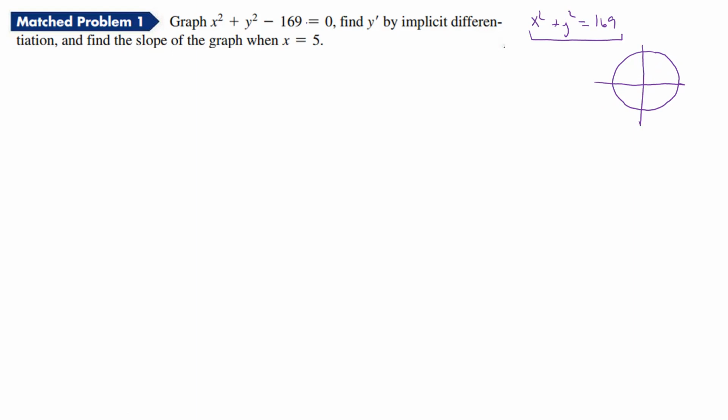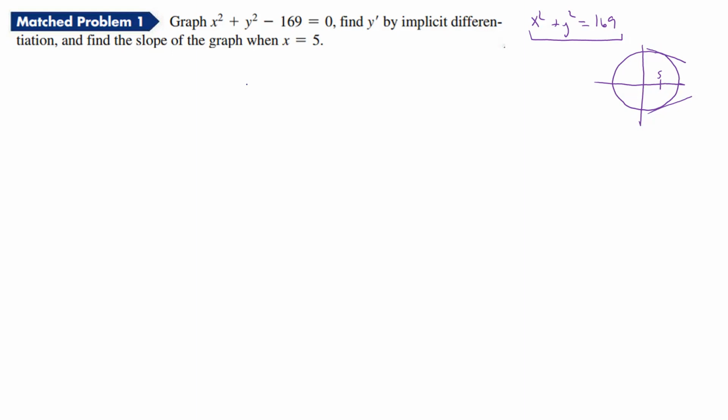And so then when we want to find the slope of the graph when x is equal to 5, well, if say that's 5, there's going to be a slope here, and there's going to be a slope here. So we're going to have two different slopes where it's going to be a tangent to the graph at that point of x equals 5. And so we need to have two numbers there. Well, what would they be?